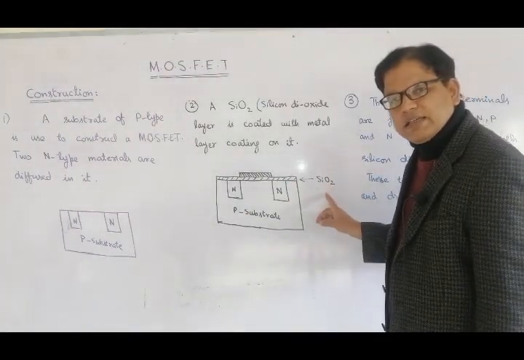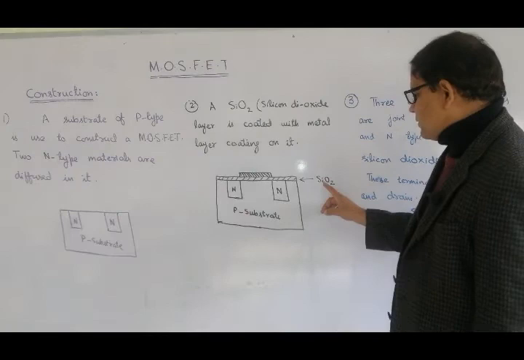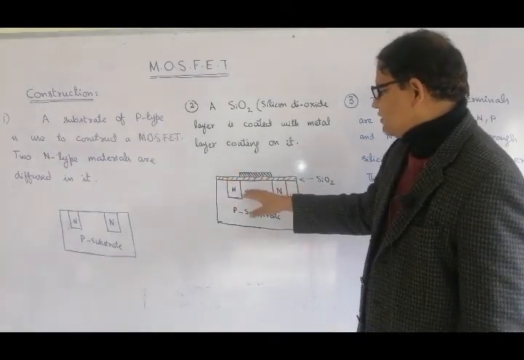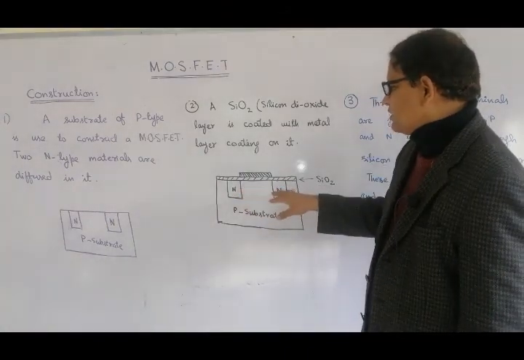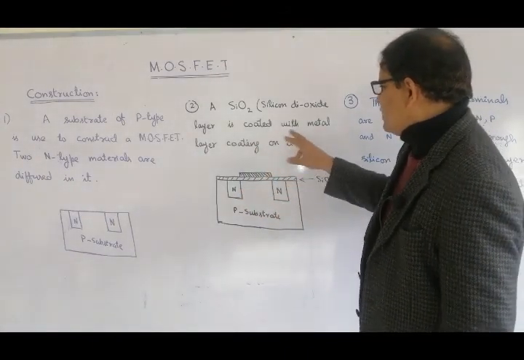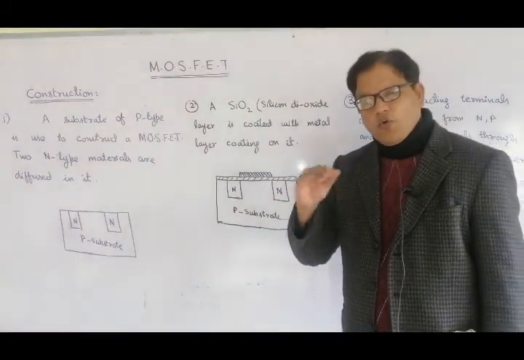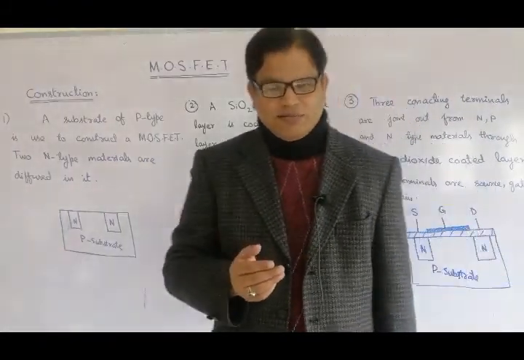This silicon dioxide layer is coated on the P-type substrate and N-type materials, and the metal layer is coated over the silicon dioxide material.